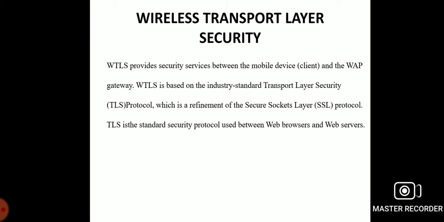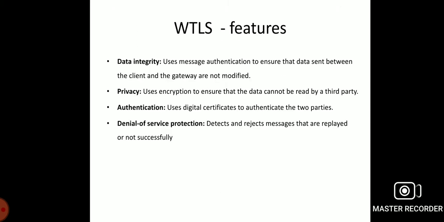Now we can move to the wireless transport layer security features. This is data integrity, one of the features. It uses message authentication to ensure that the data between the client and the gateway are not modified. Privacy uses encryption to ensure that the data cannot be read by a third party.